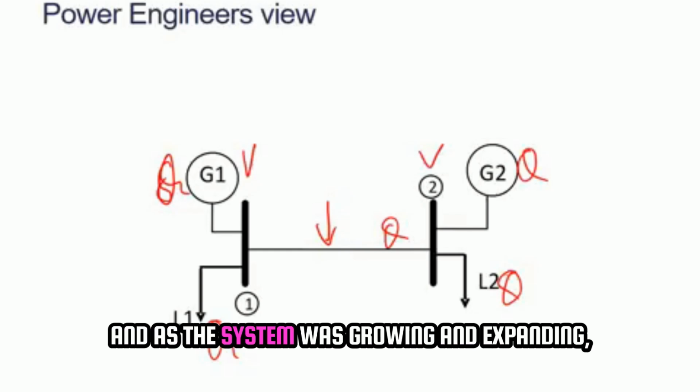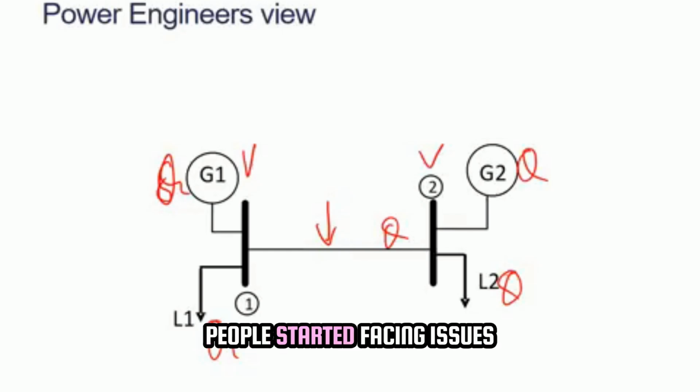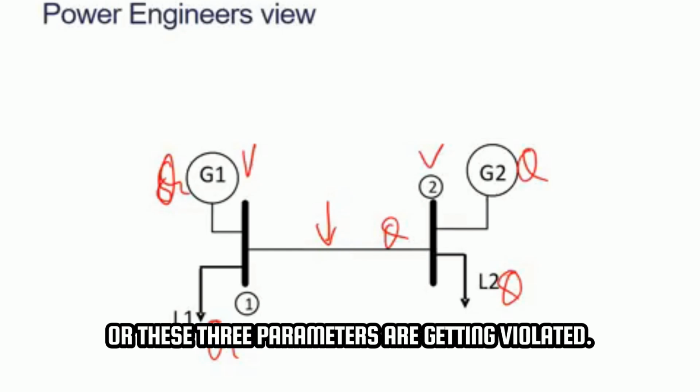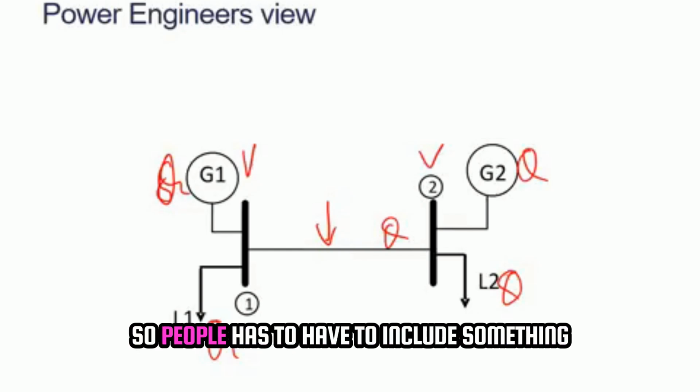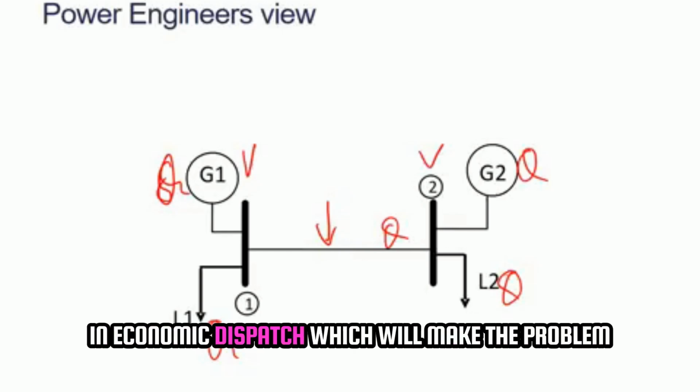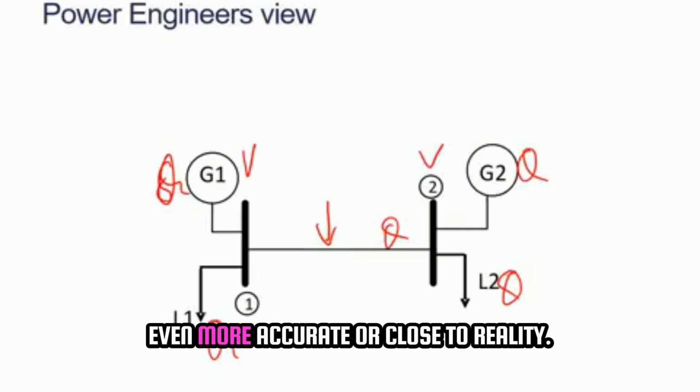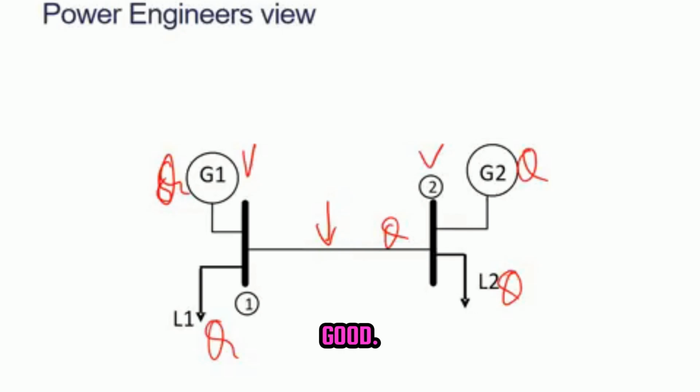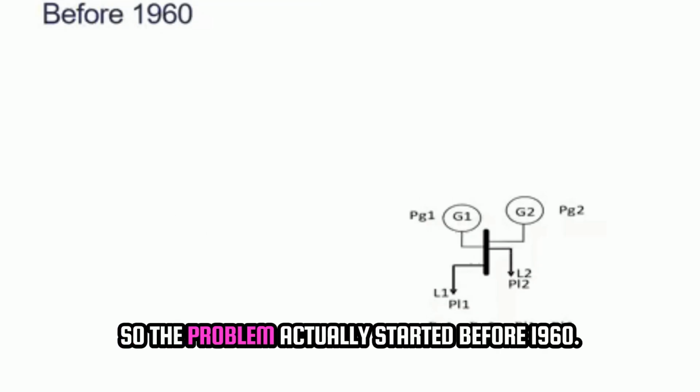As the system was growing and expanding, people started facing issues in these three areas, or these three parameters were getting violated. So people had to include something in economic dispatch which would make the problem even more accurate or close to reality. The problem actually started before 1960.